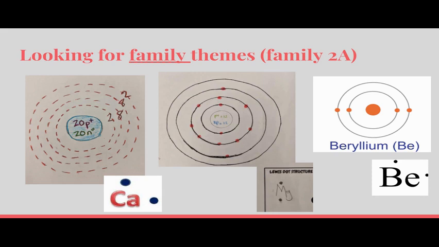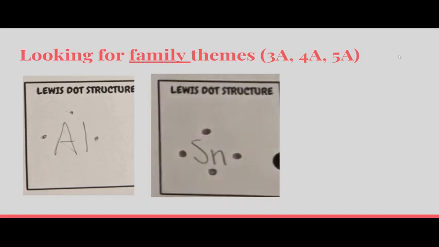Let's confirm that theme and see if it holds in other families. So if I go to, for example, something from family 3A, here's aluminum. It's from 3A. Check out its Lewis dot structure. All right, if we pick an element from 4A, you might be able to predict what we're going to see here. An element from 4A, such as Sn, which is tin, there's its Lewis dot structure.